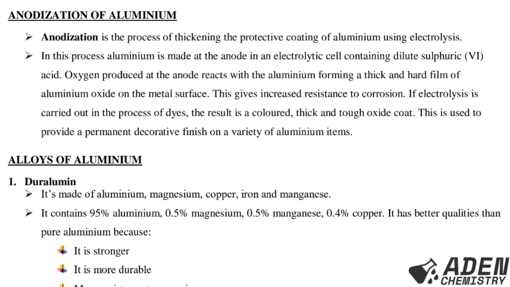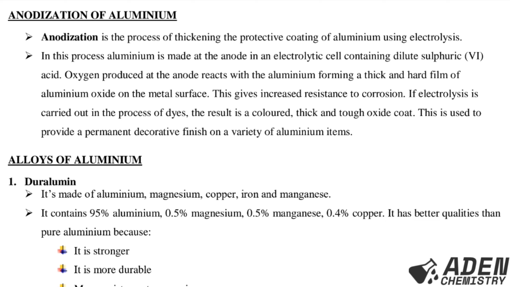Next, we are going to go to alloys of aluminum. One of the alloys of aluminum is duralumin. It's made up of aluminum, magnesium, copper, iron, and also manganese. It contains 95% aluminum, 0.5 magnesium, 0.5 manganese, and 0.4 copper.